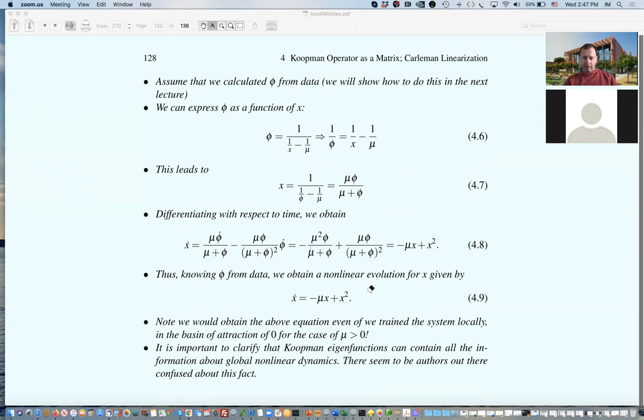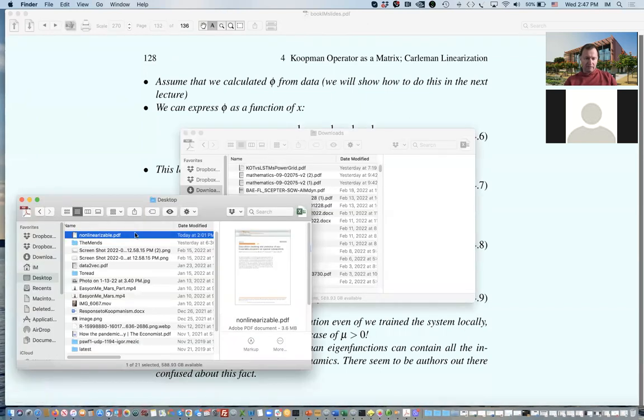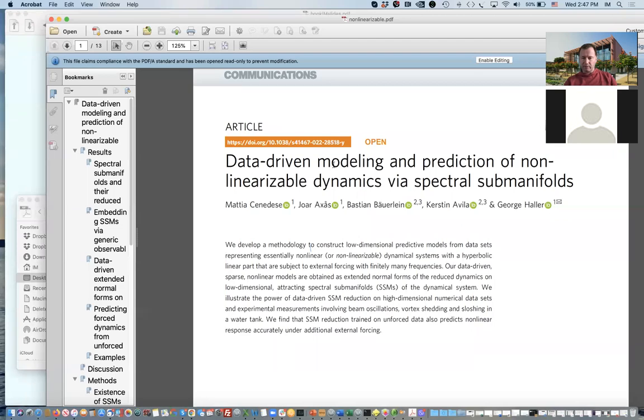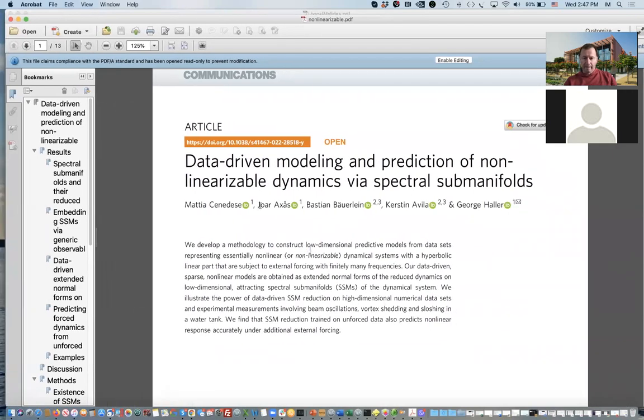Now, this has caused recently some confusion in the literature. There is a paper that just came out in no other place than Nature Communications, in which the authors don't quite realize that Koopman eigenfunctions can be used to provide, in the way I've just described, global nonlinear representations of the data.